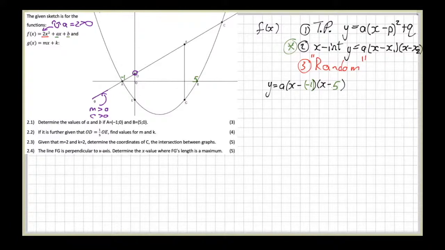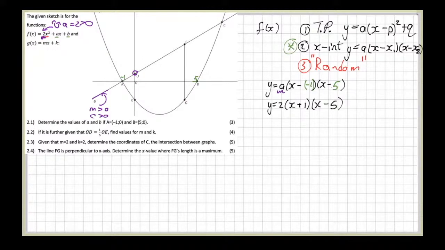Okay, please don't freak out. Here's the beautiful thing, and please understand. That a that's in front of the x squared is actually the same a that's in front of the brackets. So actually, I'm sitting with 2, x plus 1, x minus 5.